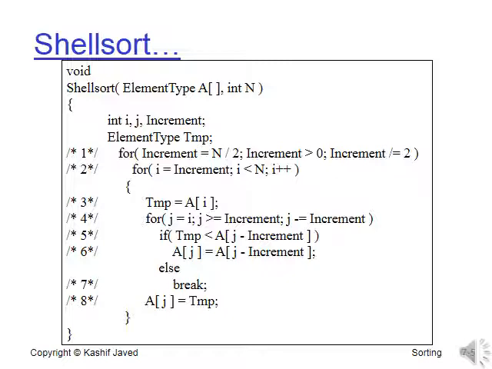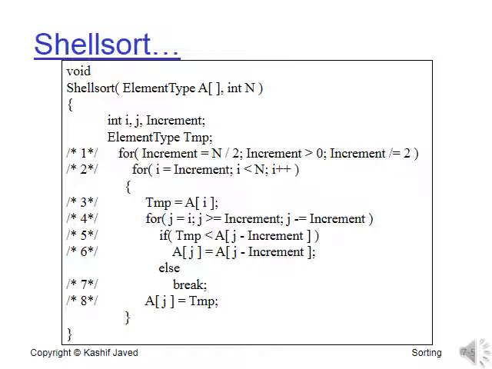Variable n is of type integer. Inside the function, you have variables i, j, and increment declared as type integer. Variable temp is declared as type ElementType, which is an integer.